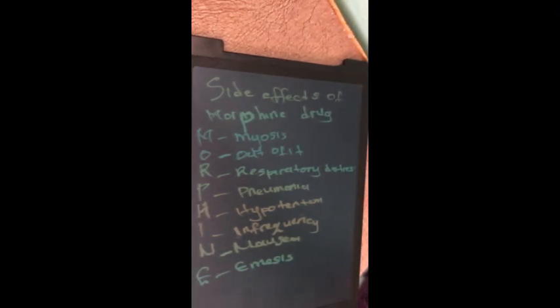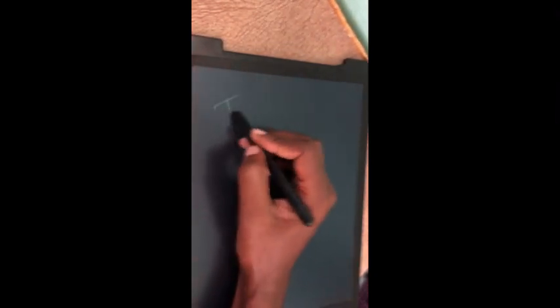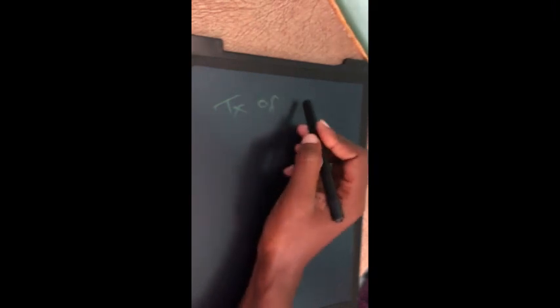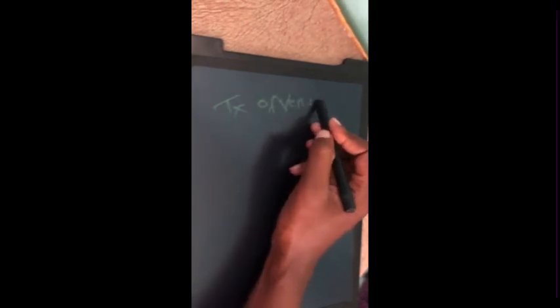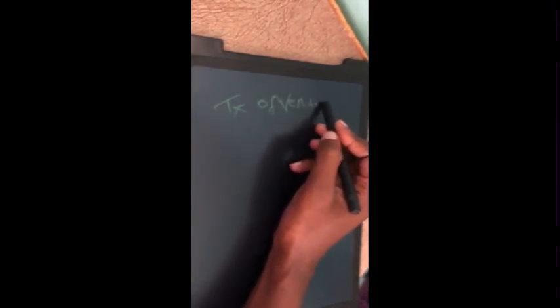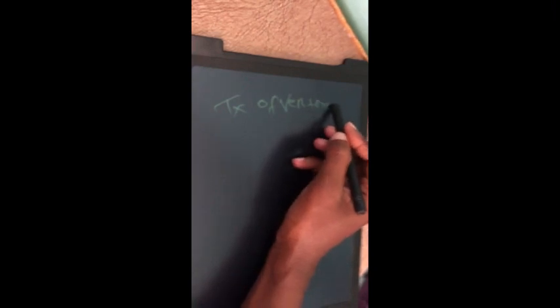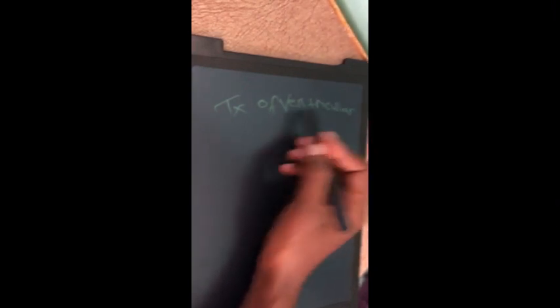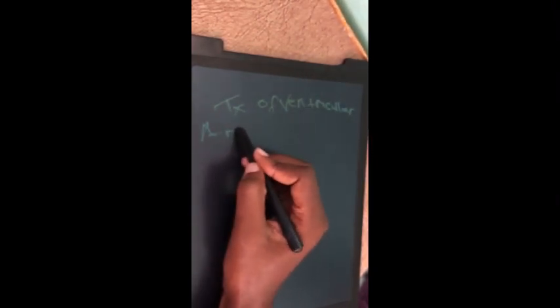The next mnemonic is the treatment of ventricular arrhythmias.